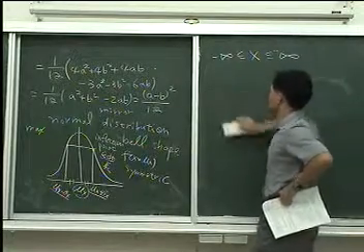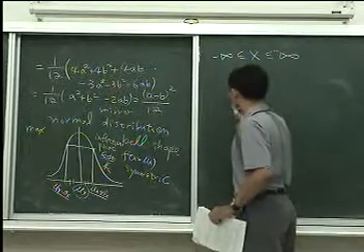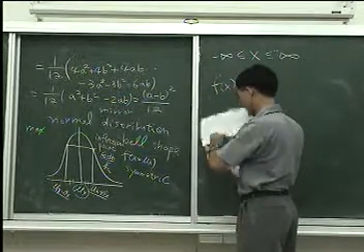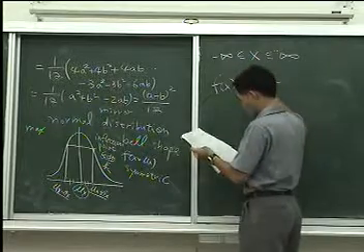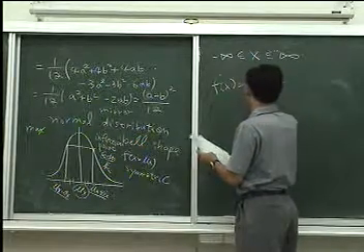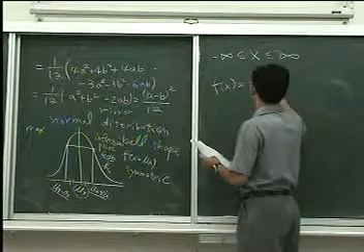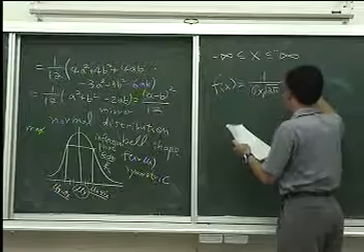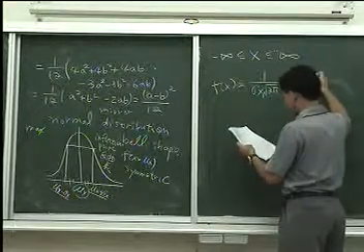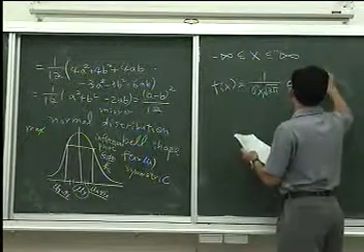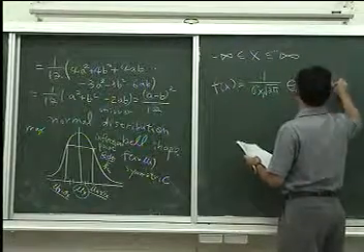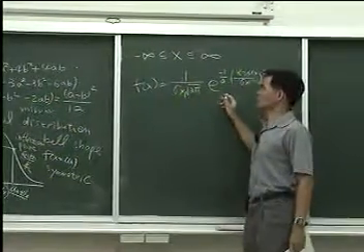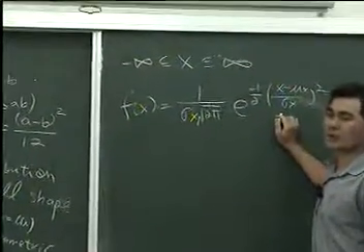It looks like this: f of x is equal to 1 over sigma x square root of 2 pi, times e to the power of negative one half, x minus mu x over sigma x, squared. So this is the probability density function of a normal distribution.